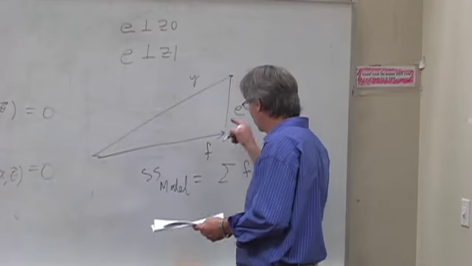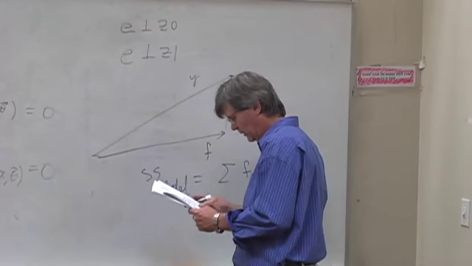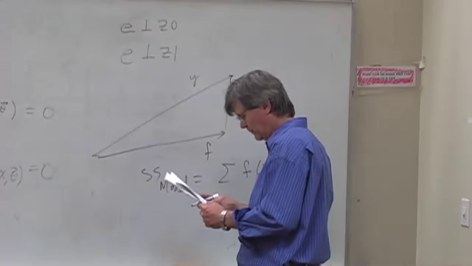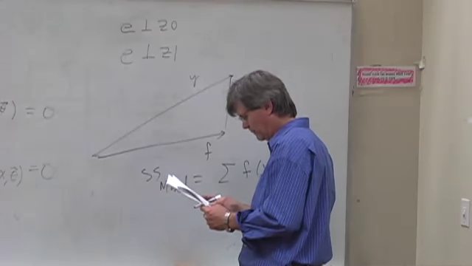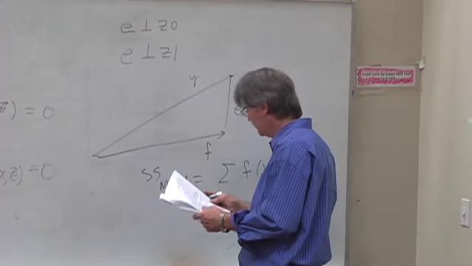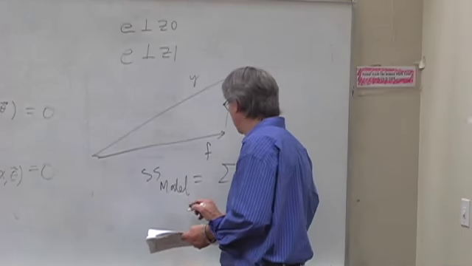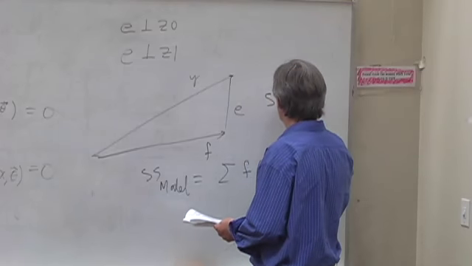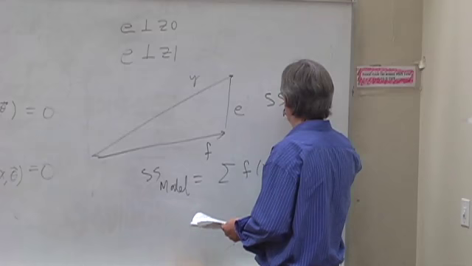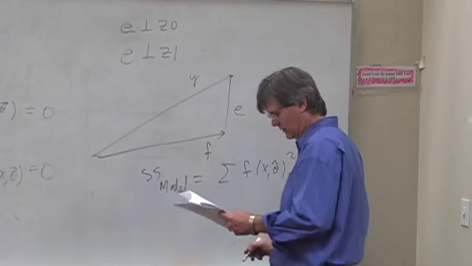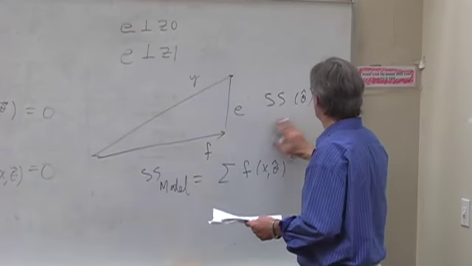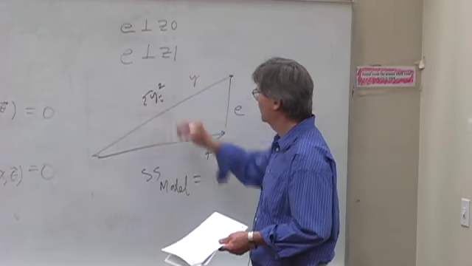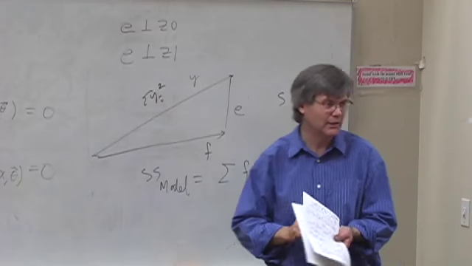And then I have this perpendicular. And this side has S theta hat, we didn't call it SS res. And then I've got here the summation of y_i squared. So the total sum of squares is not corrected.